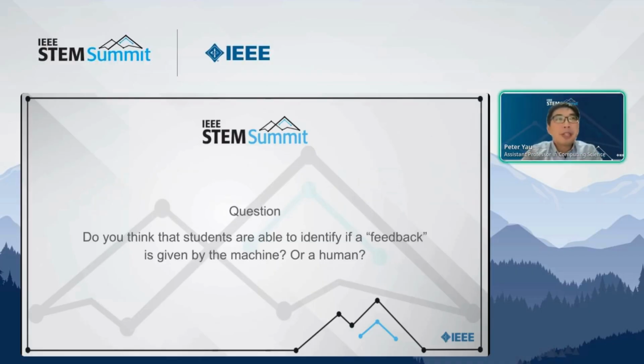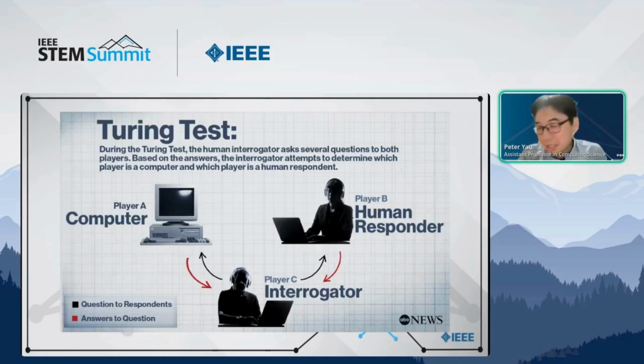That's why the question is: do you think students are able to identify if feedback is given by a machine or a human? This is actually a very famous test in the computing science sector, the Turing test by Alan Turing. It is about whether a human can identify that he or she is talking with a machine or a human.